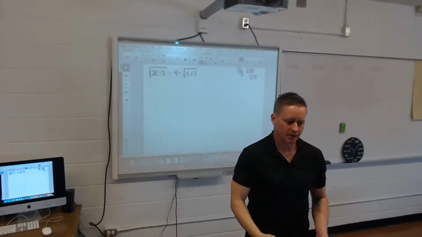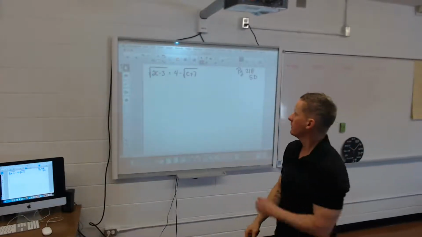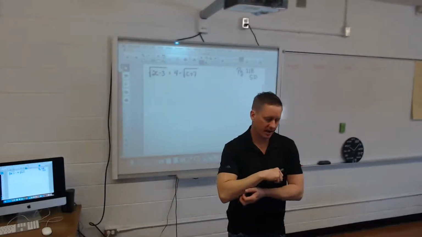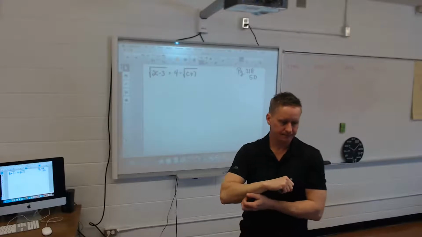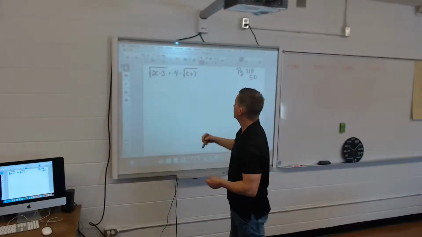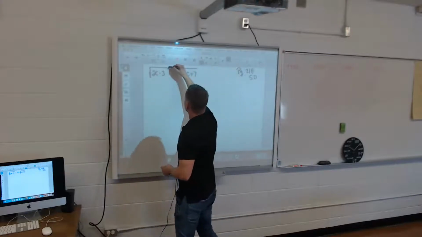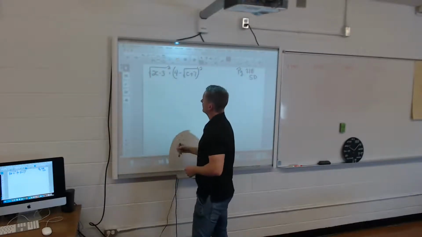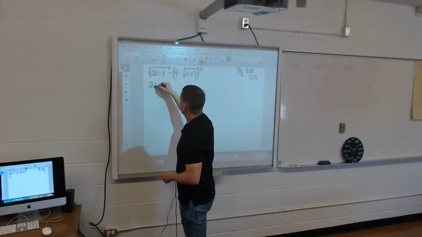So the first thing I'm going to do right now is subtract square root of c plus 7 to the other side. Okay? Now, square both sides. That gets rid of one of my roots.